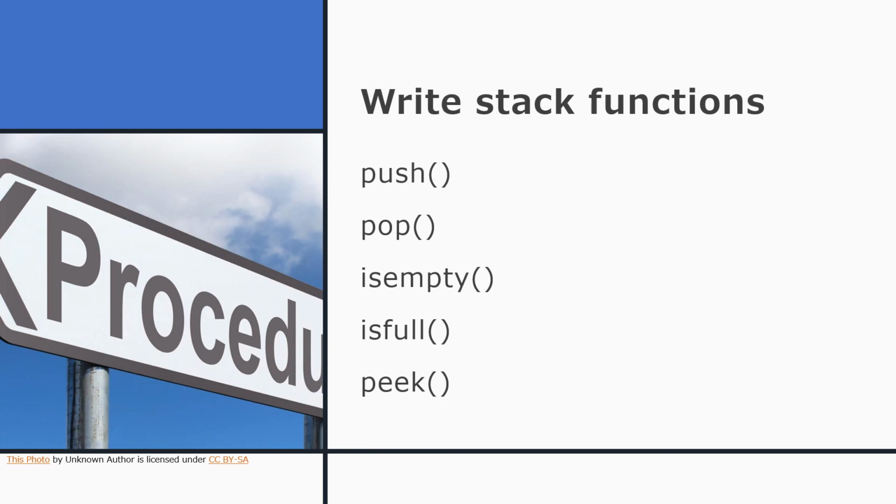Okay, so push would take a parameter and add it to the stack. Pop has no parameter but returns the value at the top of the stack. Is empty and is full return Boolean true or false values to tell you if the stack is full or empty. And peek will return a value without moving the stack pointer.